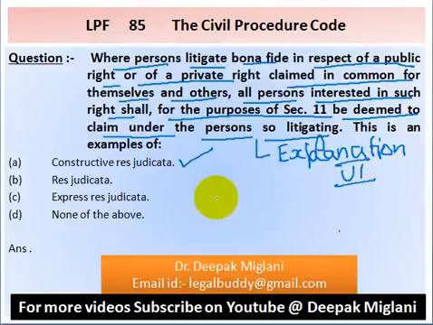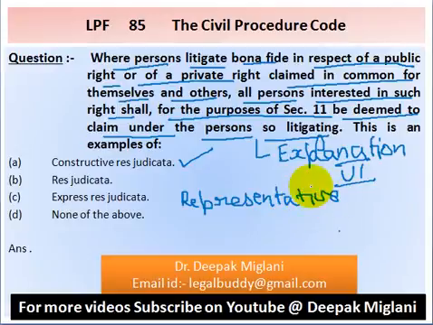Where persons litigate bona fide in respect of a public right or of a private right claimed in common for themselves and others, such type of suit is called a representative suit.